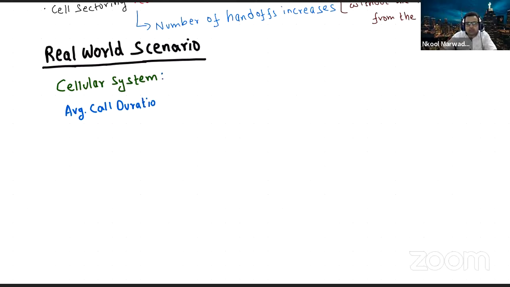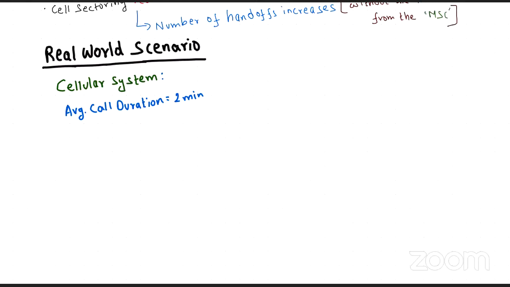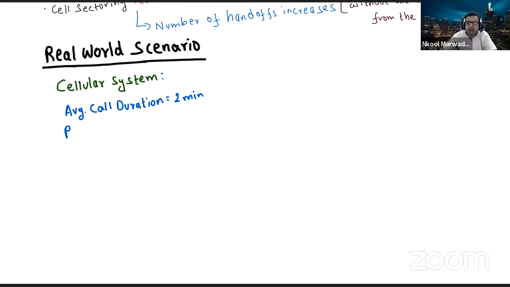It is 2 minutes. Of all the calls, on an average, the call duration is 2 minutes. We are analyzing a cellular system wherein we saw the probability of blocking of calls is less than or equal to 1%.